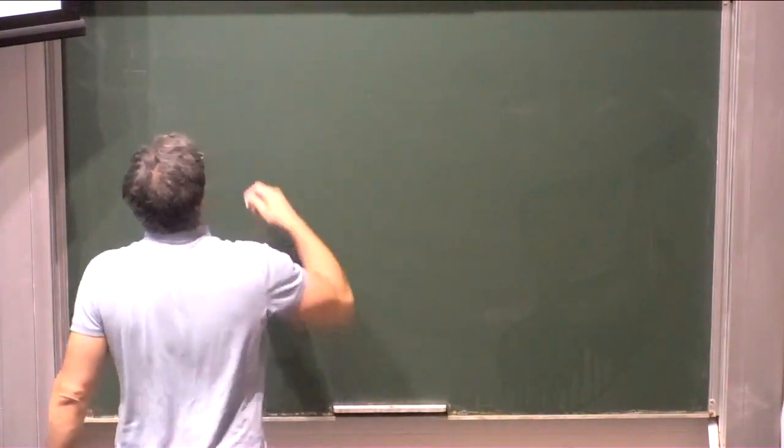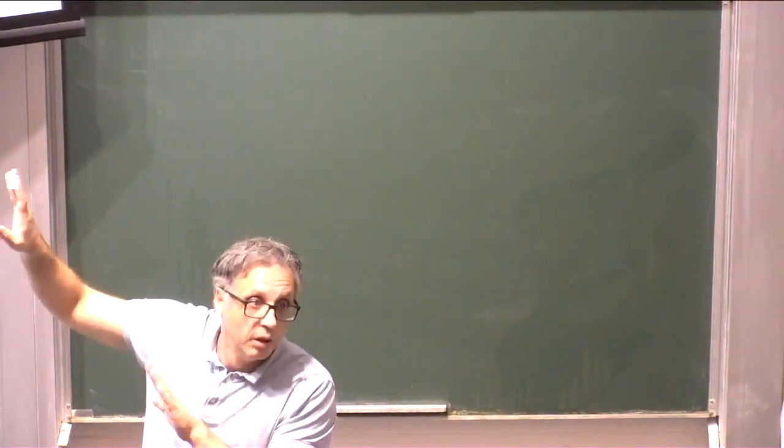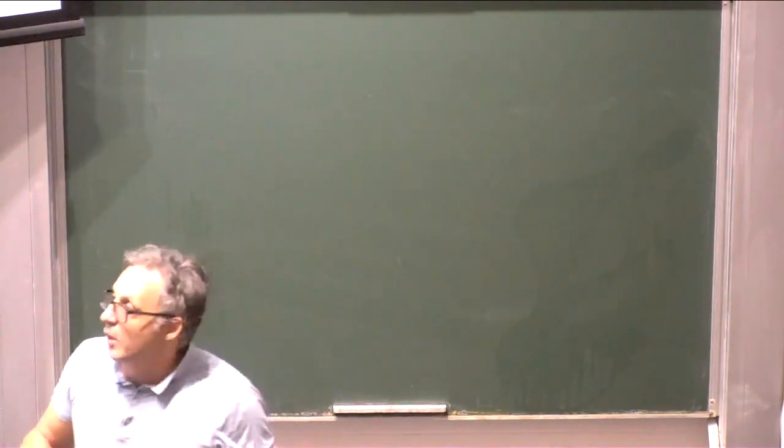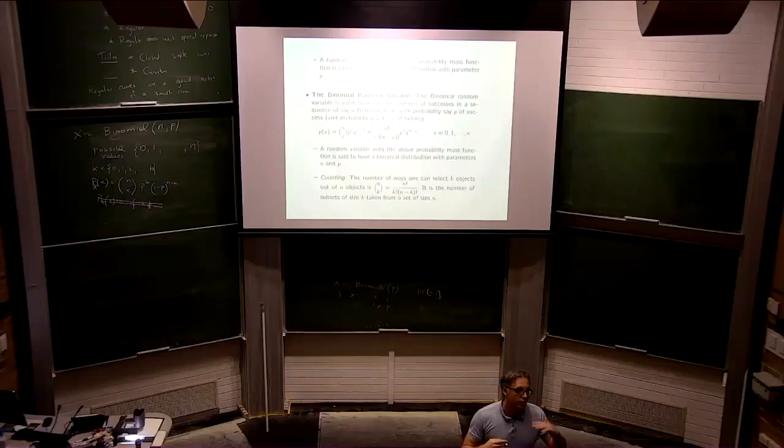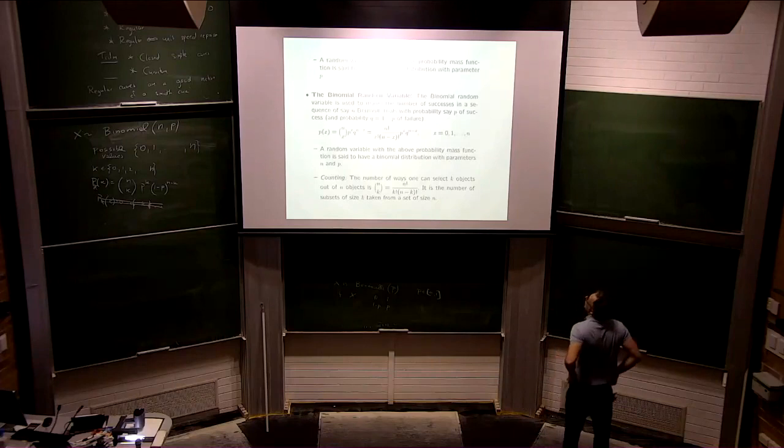Are we good? Is it clear? When is it used? When you have n experiments that look the same, are independent of each other, and you just count the number of successes. It's actually very general.